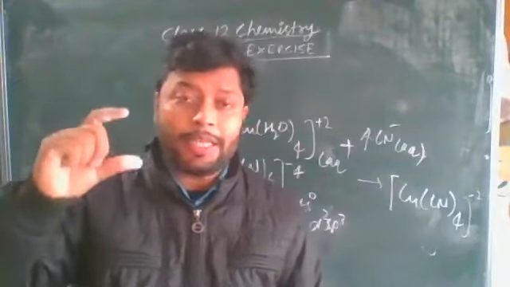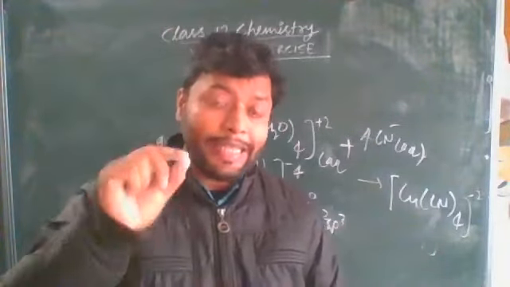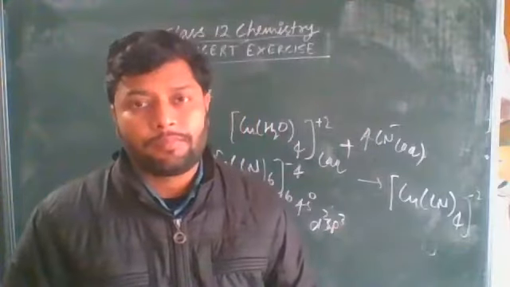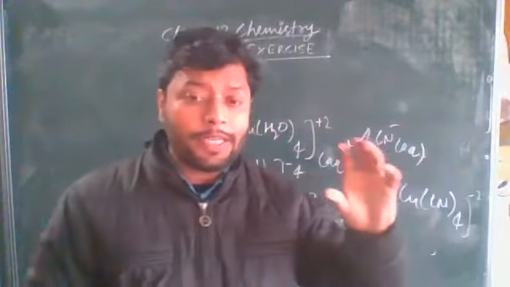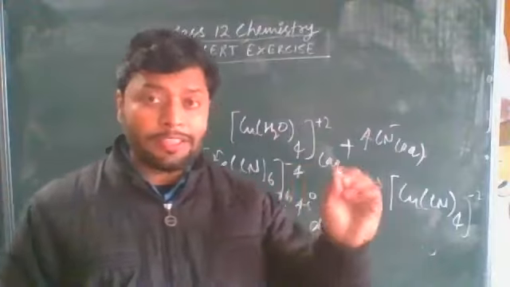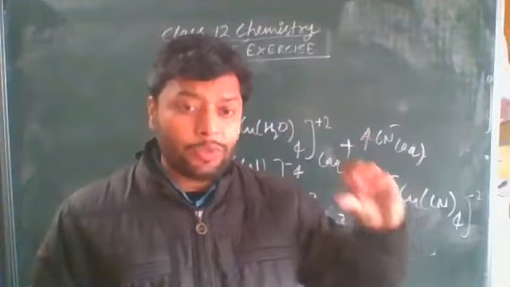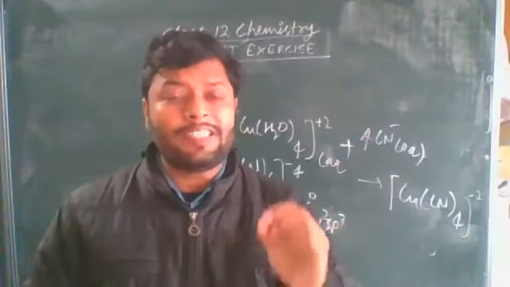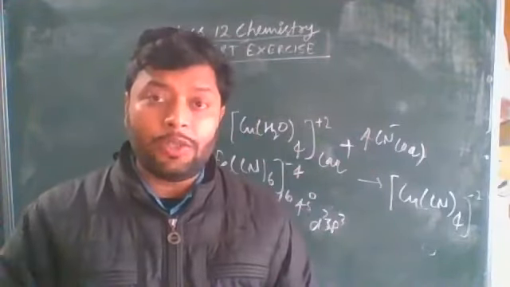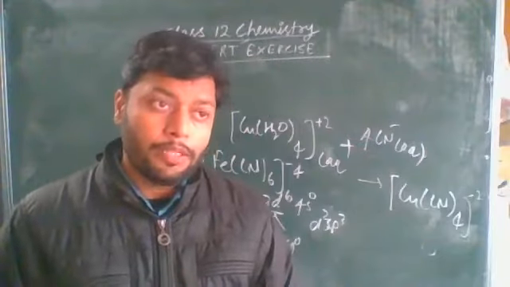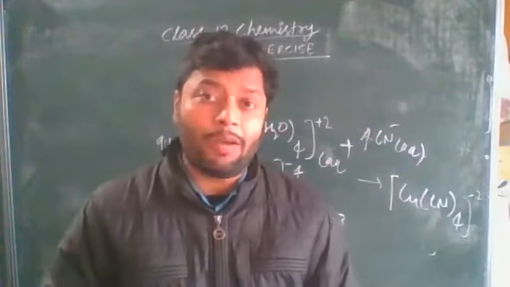The energy gap between the two sets of d orbitals on splitting is called splitting energy. For octahedral, the higher energy set is called the eg set and the lower energy set is called the t2g set. So you can mention a line: the energy gap between eg orbitals and t2g orbitals is called crystal field splitting energy. For octahedral, it is denoted as delta O. The next possibility is how delta O will decide the actual electronic configuration of d orbitals.